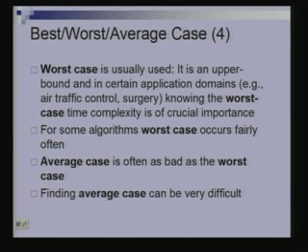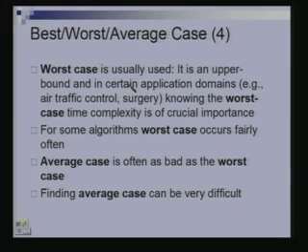So which of these is of interest to us, or which of these is easiest to work with? Worst case is the one that we will use most often, and for the purposes of this course, that's the only measure we will be working with. Why is that? First, it provides an upper bound. It tells you how long your algorithm is going to take in the worst case. For many algorithms, it occurs fairly often.